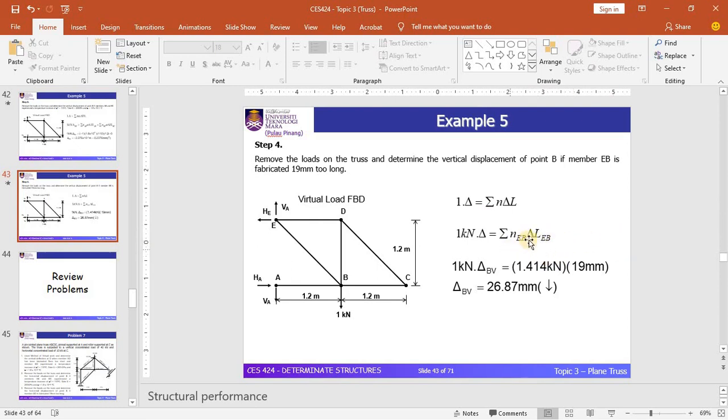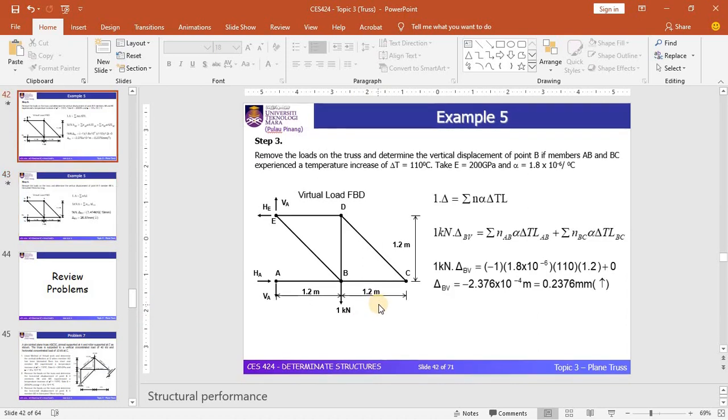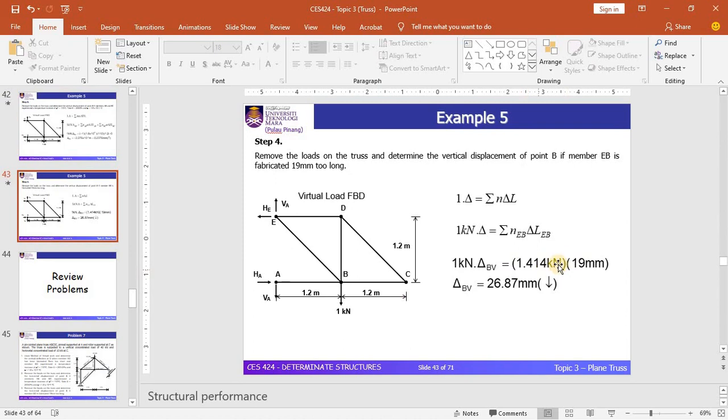Based on this problem, member EB is affected, and we want to calculate the displacement of joint B. So apply one unit load, meaning you can reuse the internal forces from the virtual diagram in the previous part, which is part 2. The value of NEB is equal to 1.414 kilonewtons and the delta L of EB is equal to 19 mm. So the vertical displacement at joint B is equal to 26.87 mm, downward.